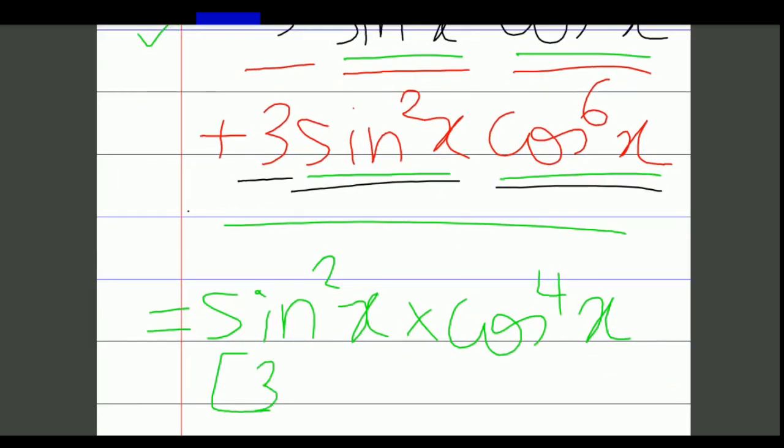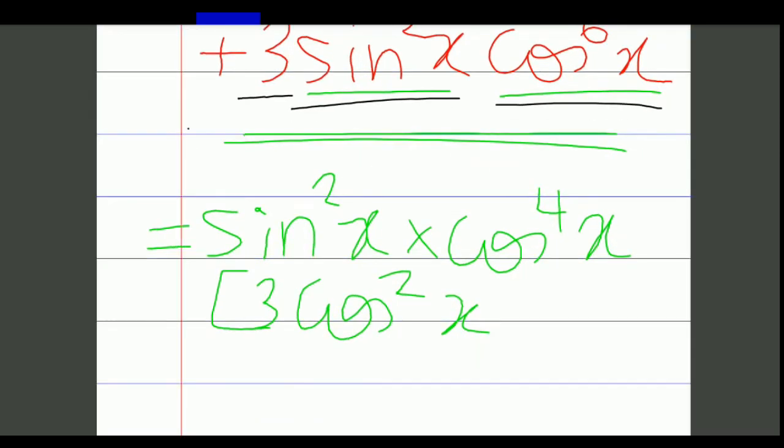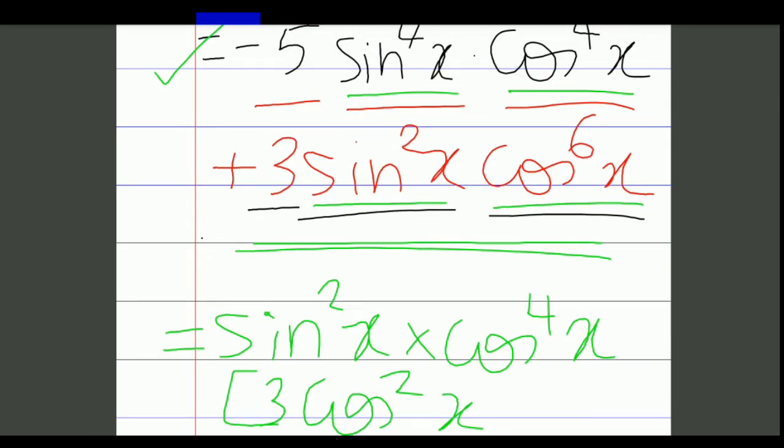I am taking this first, as the positive sign is taken first and then the negative sign. So 3 sin square x is common, so cos square x, as cos raised to 4x is common, then minus 5 sin square x.